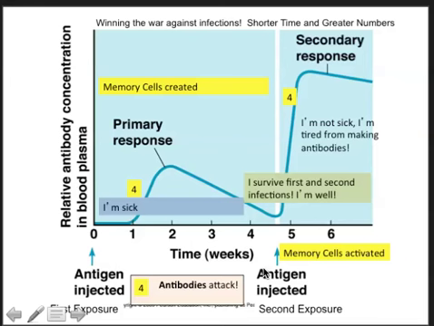But the second time that exact same pathogen shows up, the memory cells that have been generated during the primary response produce so much antibody that the pathogen never really gets a chance to produce illness, because essentially they get destroyed before their toxic effects really show up.